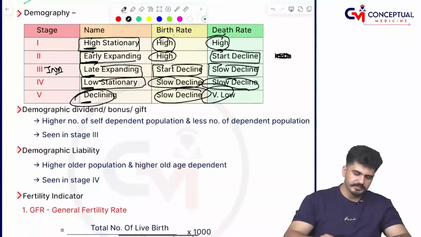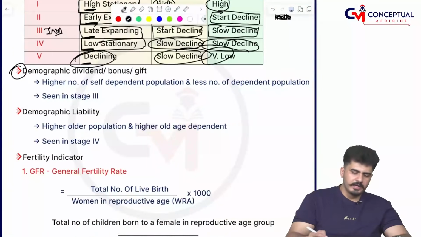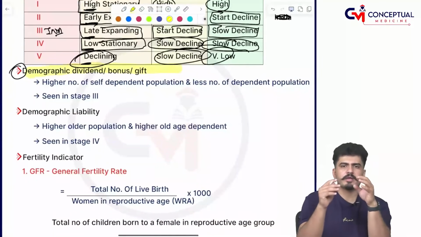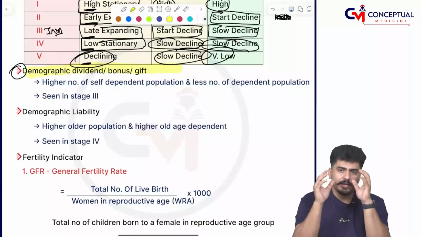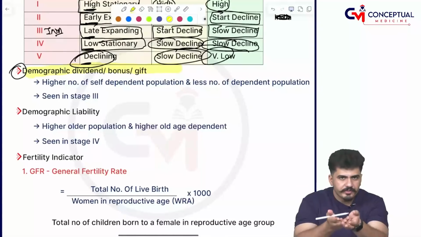They make the pyramids. Now what is demographic dividend and demographic liability? Demographic dividend, a bonus or gift, is what? When the younger, independent population is more in a country, that is called dividend or gift.